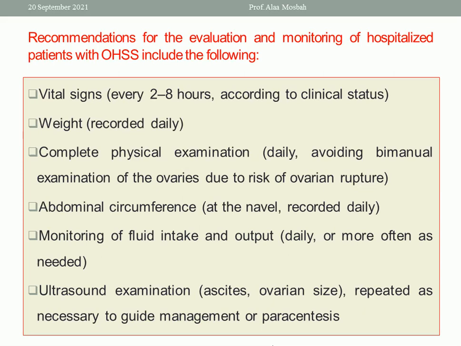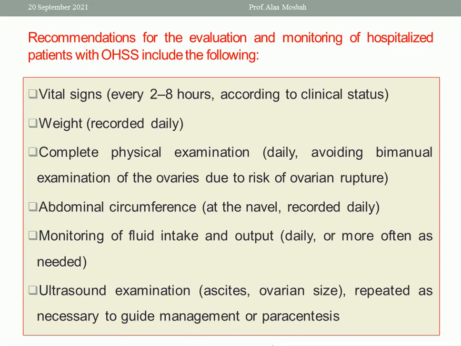Vital signs should be measured every 2 to 8 hours according to the clinical status. In the hospital, when you are monitoring the patient, vital signs every 2 to 8 hours according to the condition of the case. Weight every day, weight measurement.